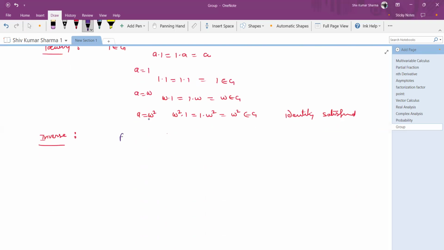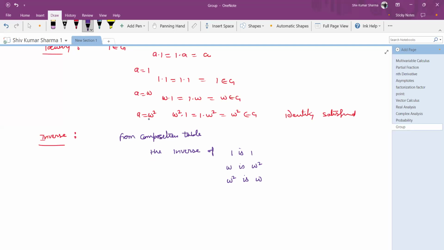So from the composition table, the inverse of 1 is 1, the inverse of omega is omega square, and the inverse of omega square is omega.